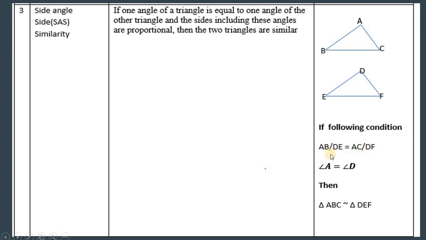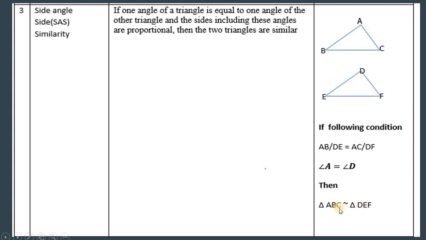If the ratio of the corresponding sides AB upon DE equals AC upon DF, and angle A equals angle D, then the two corresponding sides are in the same proportion and one angle of both triangles is equal. Then you can say that triangle ABC is similar to triangle DEF.